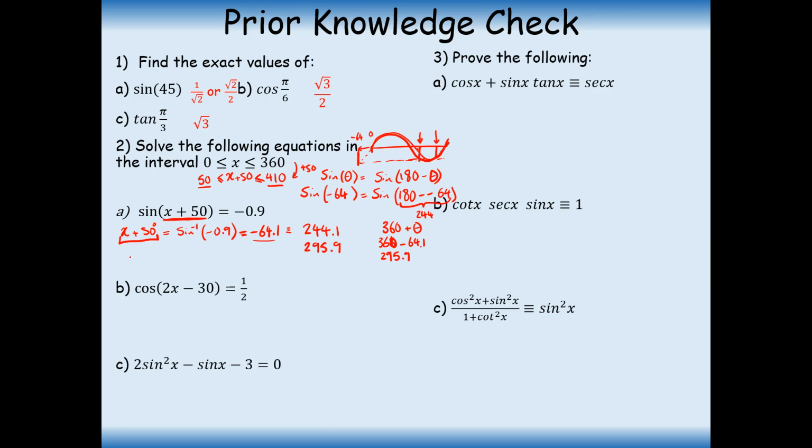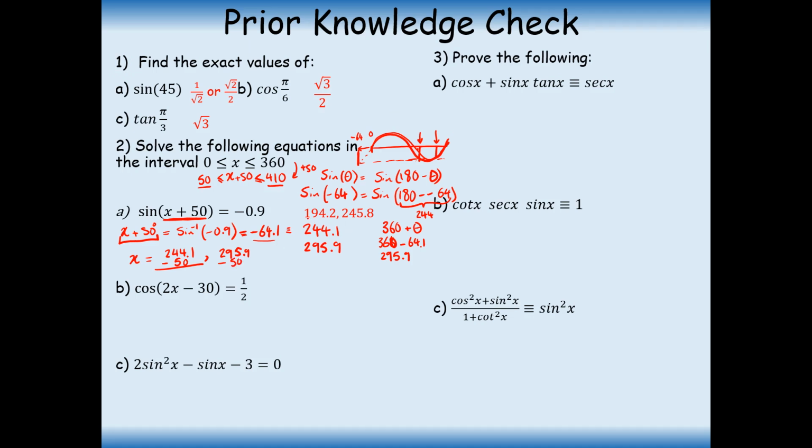But our work is not quite done yet, because we have got x plus 50 equal to these two numbers. So our final derivation involves taking 244.1 and subtracting 50 from it, and also taking 295.9 and subtracting 50 from it.